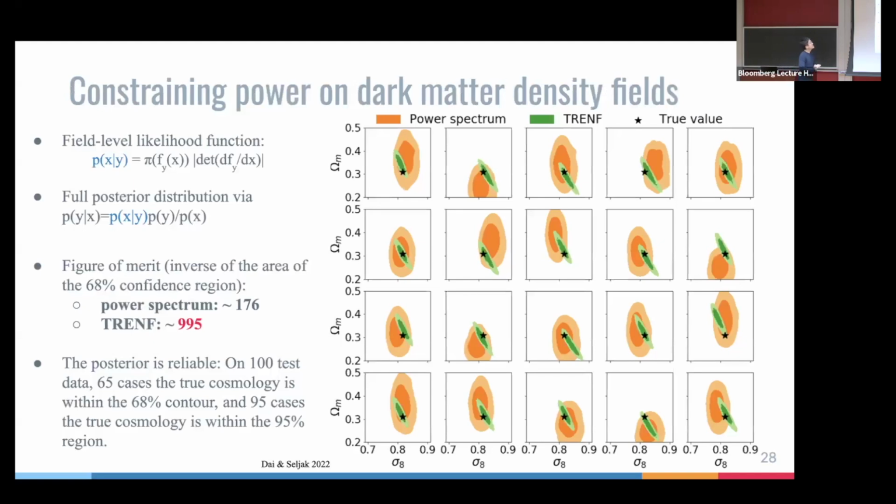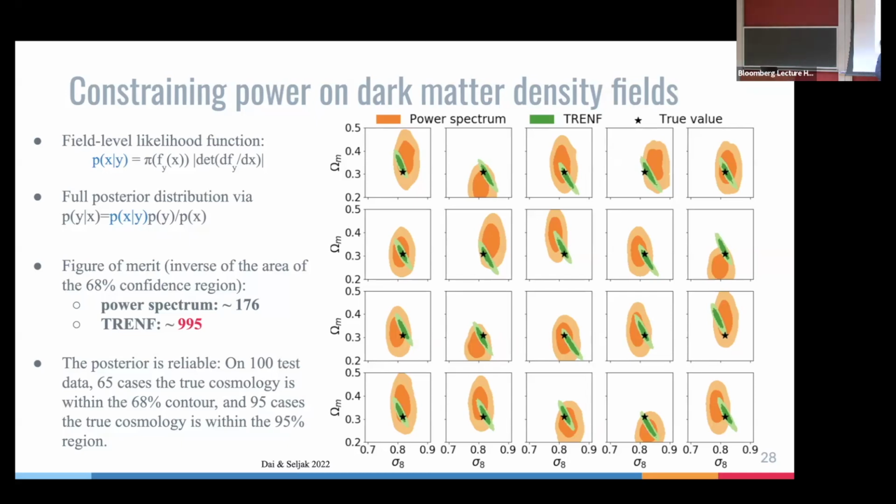So how does this field level analysis work in practice? Here I'm showing, okay, this is not really observable, but some two-dimensional dark matter density field from simulations. Here, our likelihood function is given by the normalizing flow, and you use that to infer the posterior.